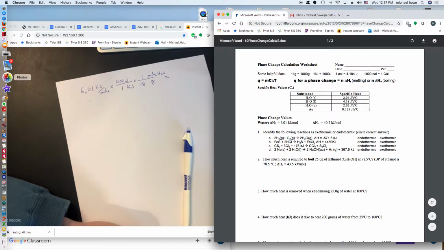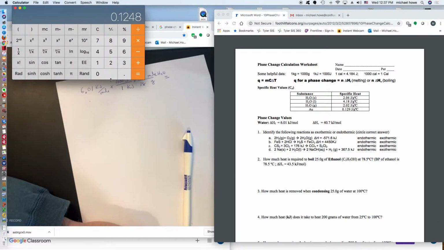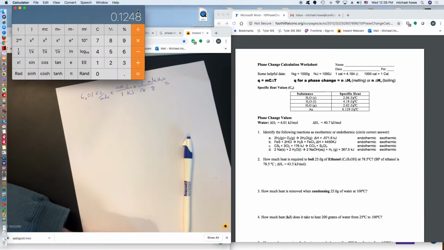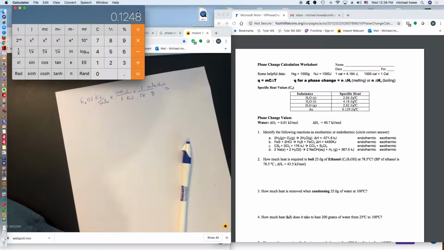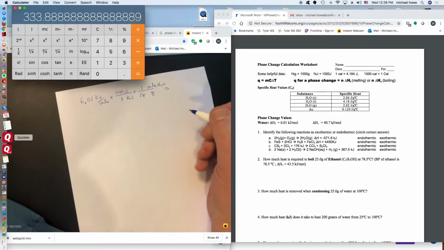So then you pull out a calculator. Doing our calculation, we can say 6.01 times 1,000 times 1, I just leave that off, then divided by 18 is 334.